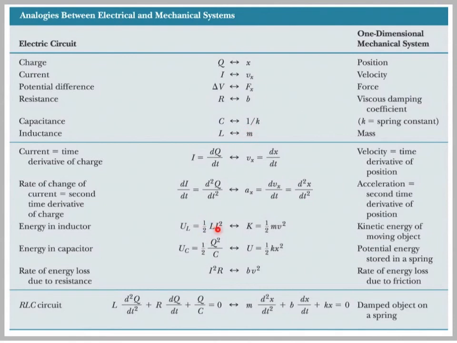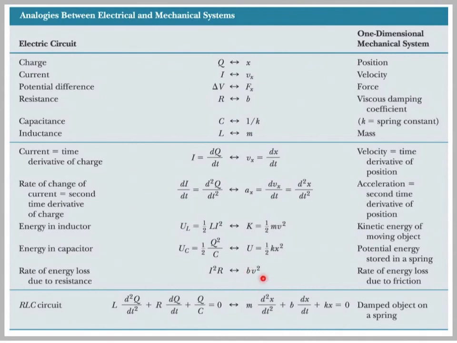And the energy in the capacitor is 1/2 Q squared over C, which is the same as the potential energy stored in the spring, since Q squared goes like x squared, and C goes like 1 over k. And the rate at which energy is lost, i squared R, is the same as the rate of energy lost due to friction, B v squared, that we talked about last semester.